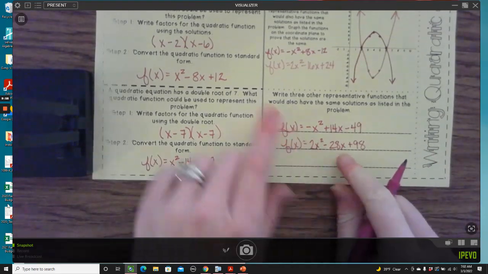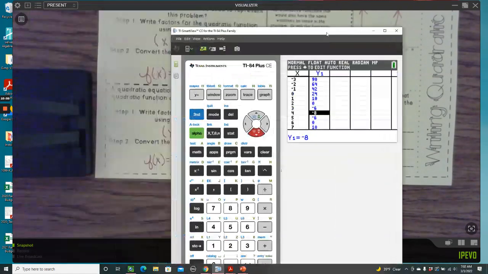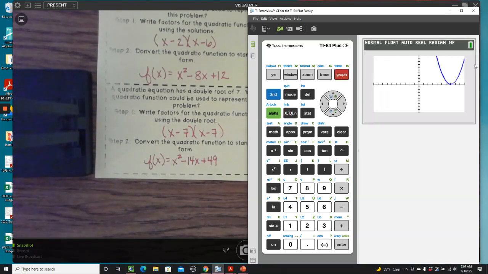And so what this thing, when it has a double root of 7, let me show you what it looks like in the calculator so you have an idea of what visually it would look like. So x squared minus 14x plus 49. So if I graph this, a double root means that it just comes down and it barely grazes the x-axis right there at 7, 0.